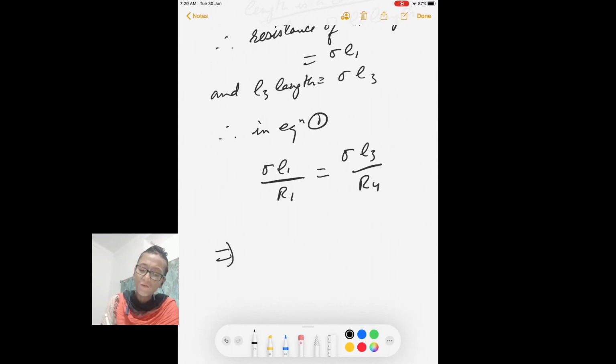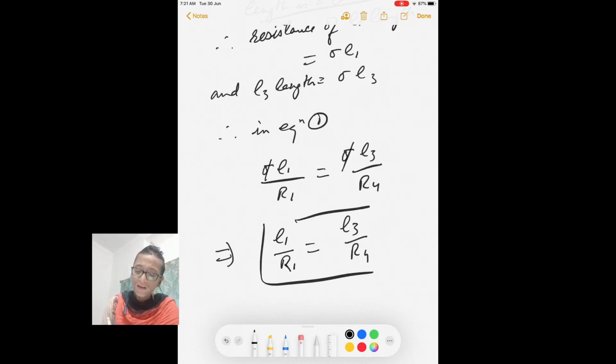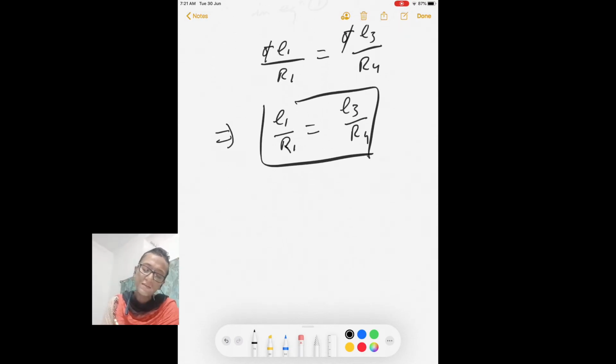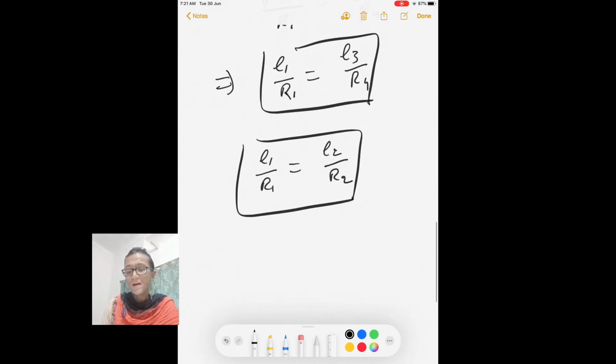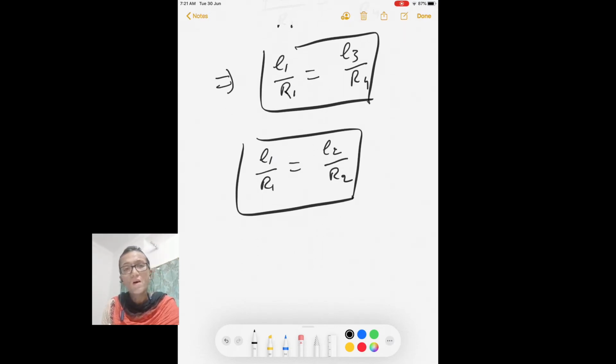It implies that when you cancel sigma from the two sides, L1 upon R1 is equal to L3 upon R4. And if you change the notation, you can write that L1 upon R1 is equal to L2 upon R2. So this is the formula of how resistance is related to length in a meter bridge when null deflection is there.